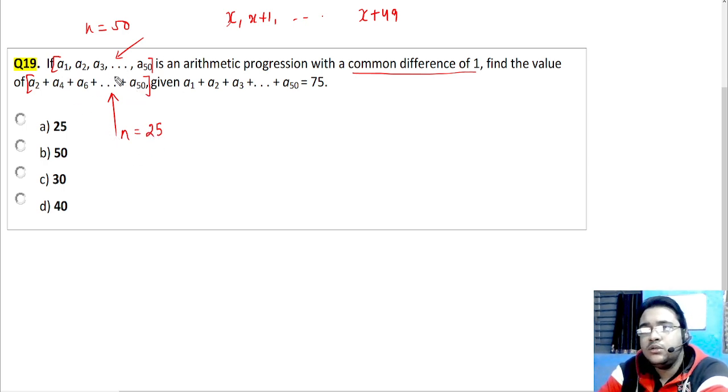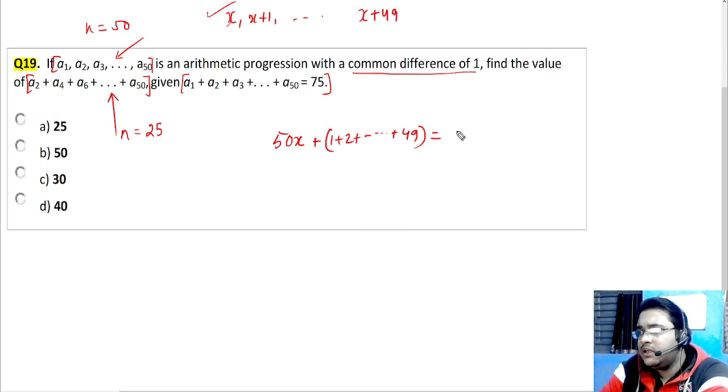Now I also have to know the first term. That I will be able to calculate once I plug in the next bit of information, given to me as a1, a2 and so on. If you look carefully, there will be 50 x's available, so I write 50x, and then 1 plus 2 and the usual thing till 49.